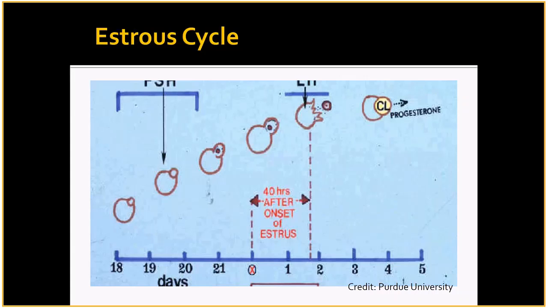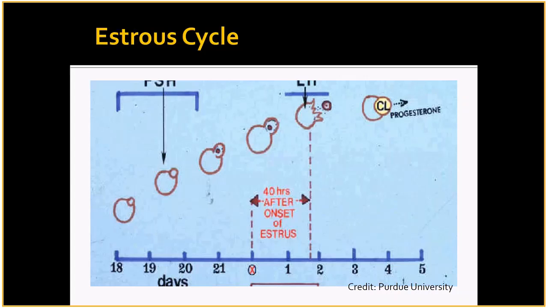These circles are supposed to represent the ovary, and the little circle within it is your developing follicle. So your 21-day heat cycle, on the onset of estrus, you're going to get ovulation of your follicle about 40 hours after onset of estrus. And this is showing one that's been progesterone-dominated, so that probably means it got bred.